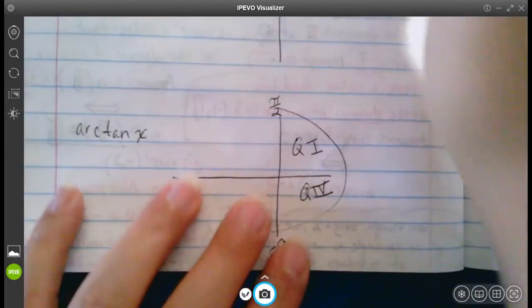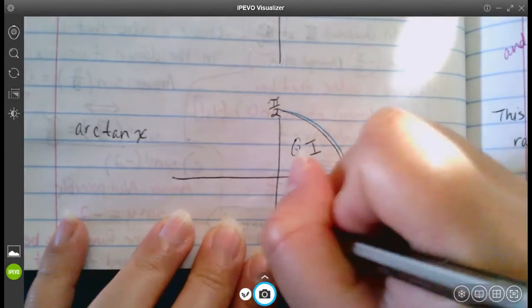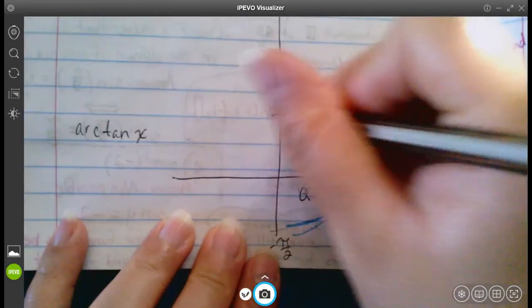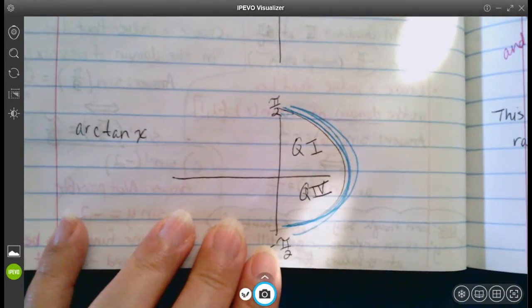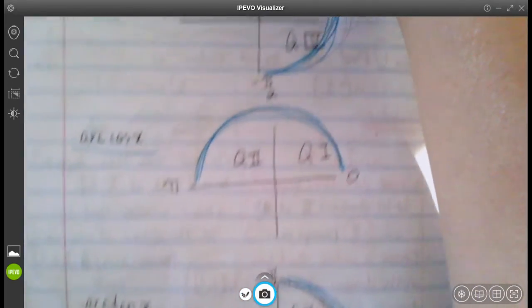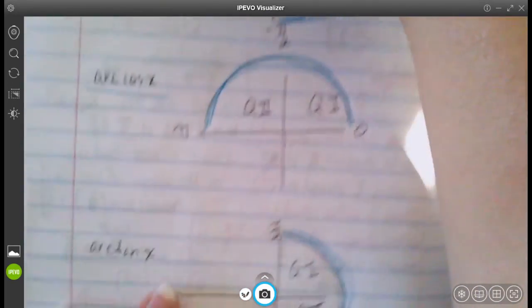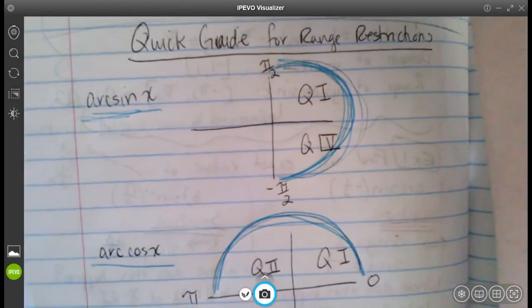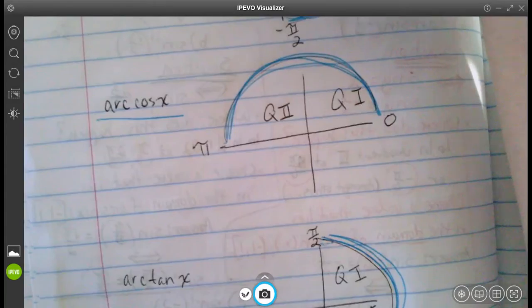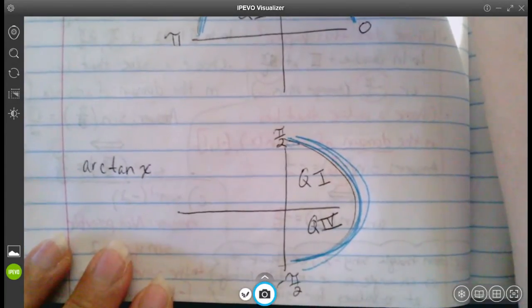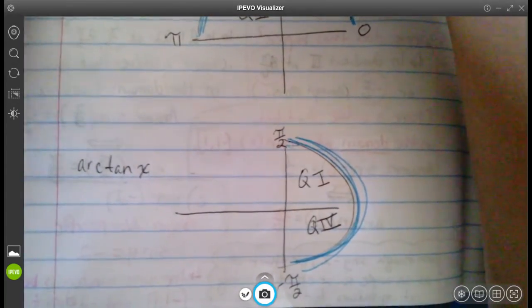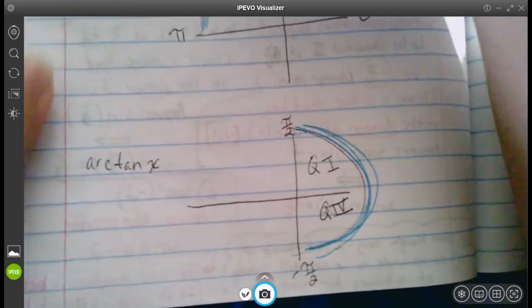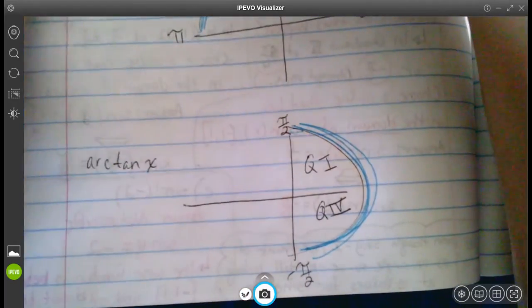And for arctangent, it's just like arcsine. We're looking at quadrant 1 and 4, so the right side of the circle. So that's a quick way to know which angle to choose when you're debating between arcsine, arccosine, and arctangent. And you can see that I even wrote the angles there.